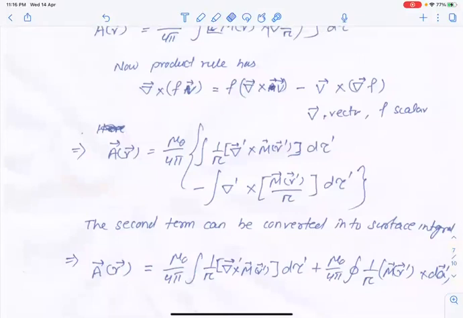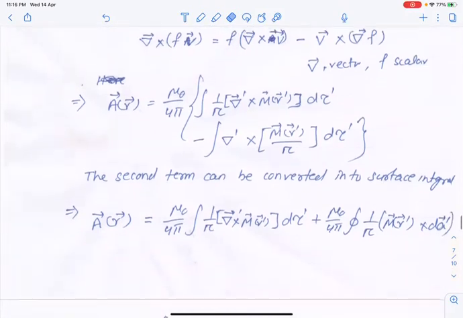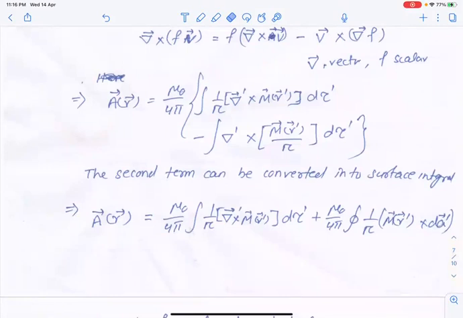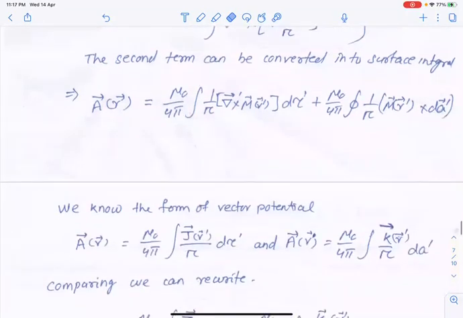Now you can convert the second integral into a surface integral. So your integral of del prime cross M of r prime over r d tau prime becomes the surface integral of 1 over r, M of r prime cross dA prime. That's the conversion of a volume integral into a surface integral. Why did I do that? That's because you already know the definition of the vector potential in terms of volume currents and surface currents, so let me remind you.